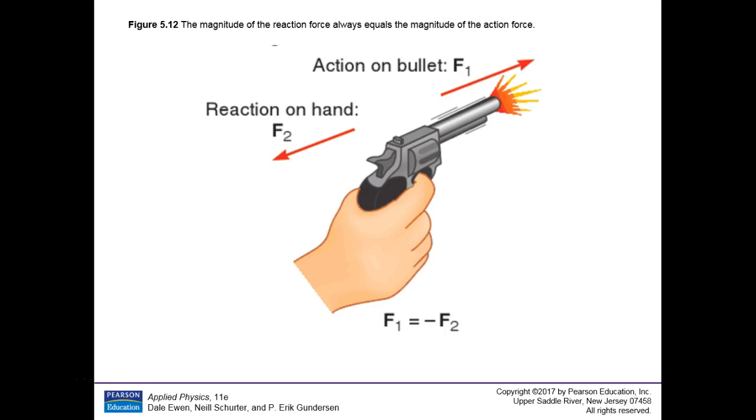But this is absolutely true. The force of the bullet out of the gun is the same as the force of the reaction on the hand, and you will sense that. Of course, you, the gun, your hand, everything is a lot more massive than the bullet, but still the forces are equal and opposite. Okay?